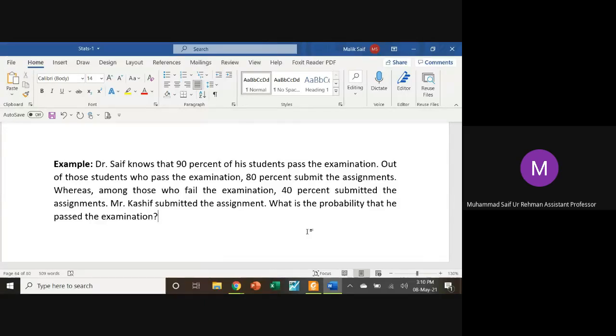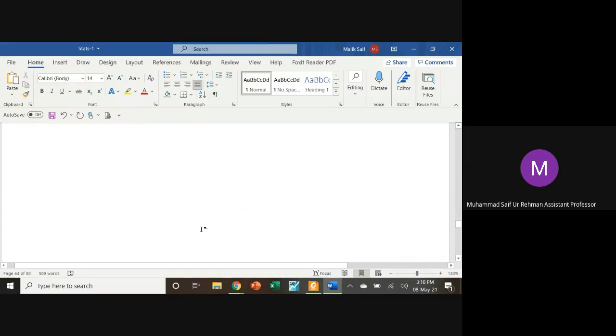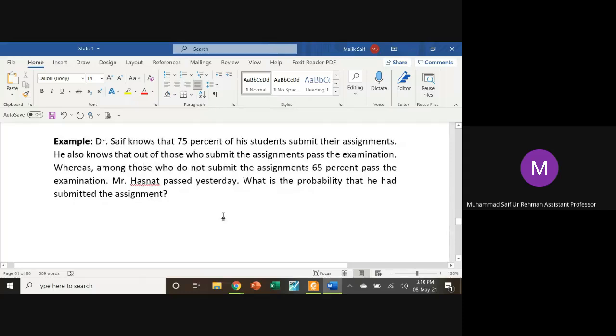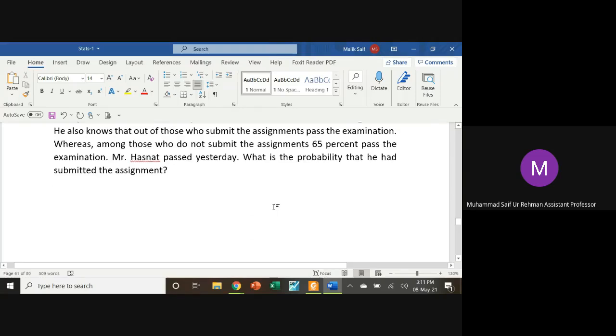Okay. So what is the probability that he passed the examination? And in this case, what is the probability that Mr. Hasnath submitted the assignment? So now, first of all, you will write down the probabilities utilizing the names of the events that you give to different events.